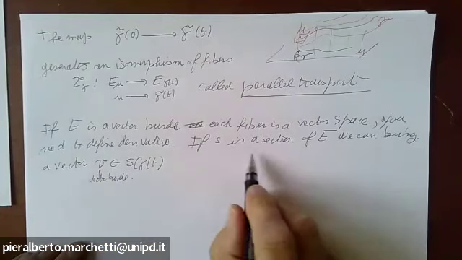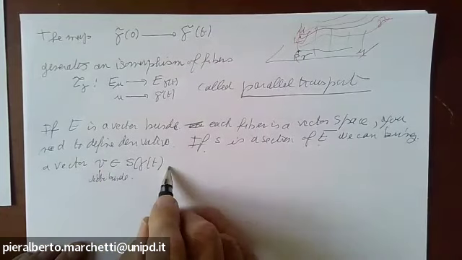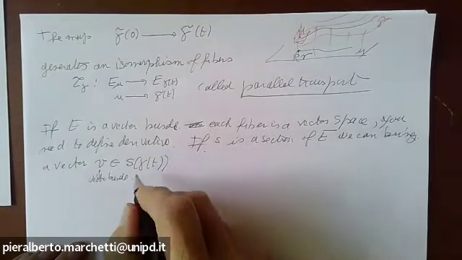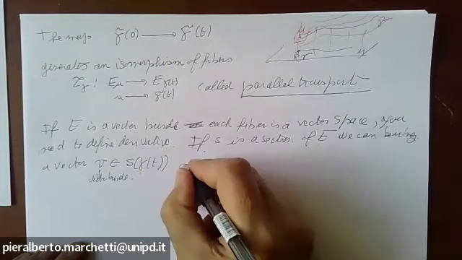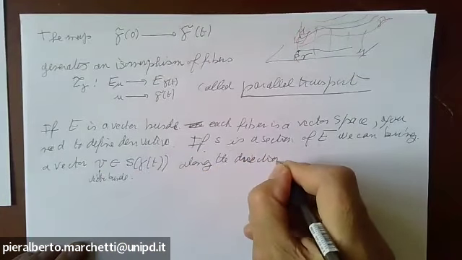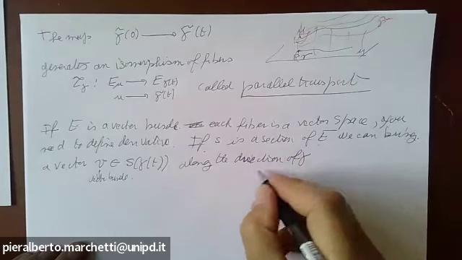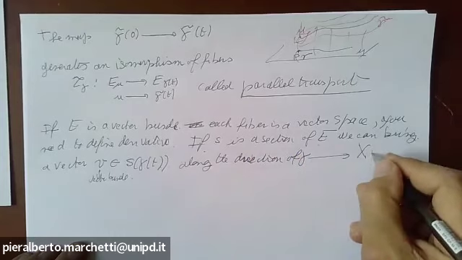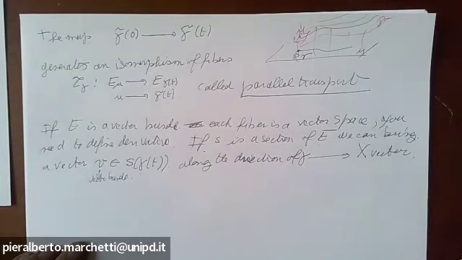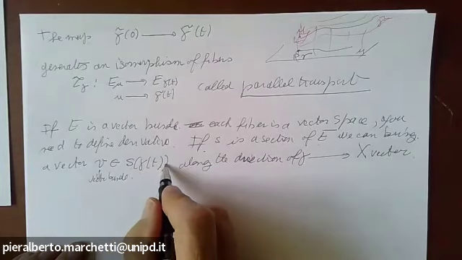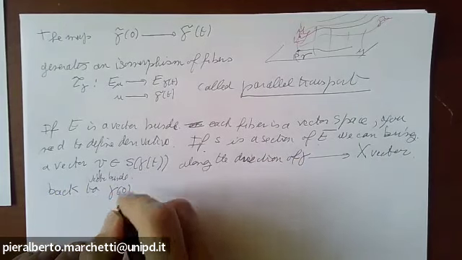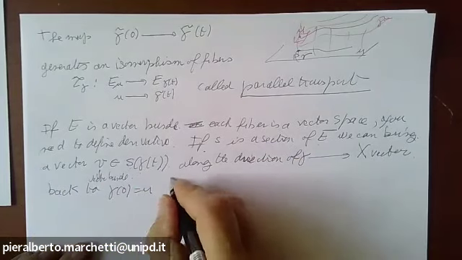So if S is a section of E, we can bring a vector V, which is in the image of the section S at the point gamma of t along the direction of gamma, and because gamma is a curve associated with a vector X, then you can bring this vector, which is on S of gamma of t, back to gamma of 0, which is U, by parallel transport.